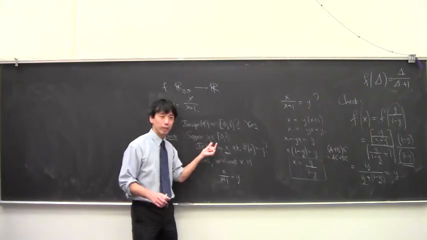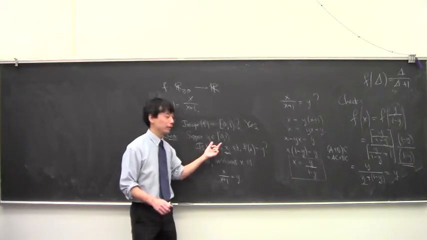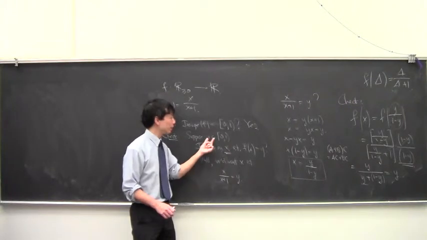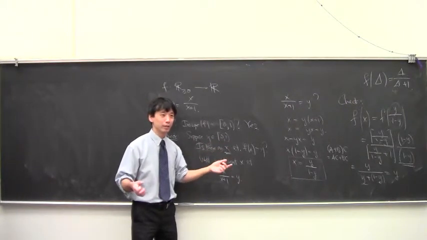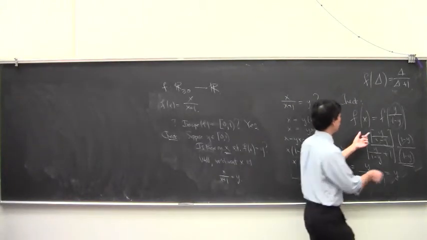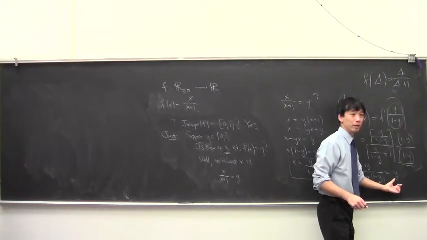So is it really true that we can get any number in 0, 1 out of this function? Let's find out if we can. Choose any number in 0, 1, call it y. Okay. We work it out, and we see that if we feed in this thing to our function, out pops y.